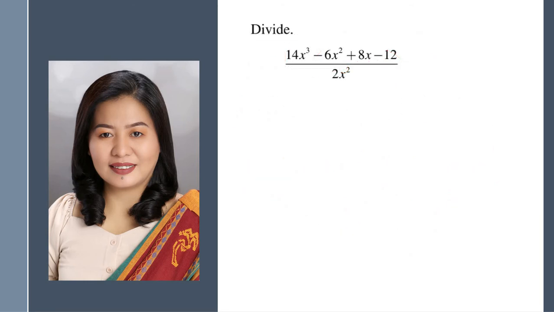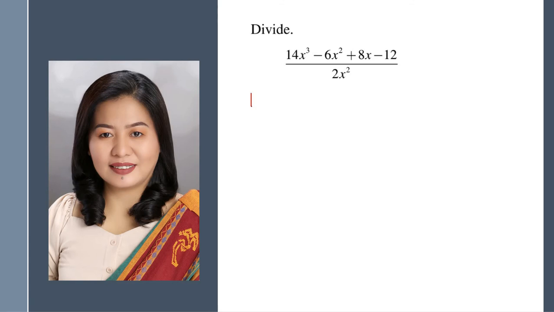Okay, this one is exciting. For us to simplify this one, we will have to create 4 different fractions out of the given by putting 2x squared as our denominator.